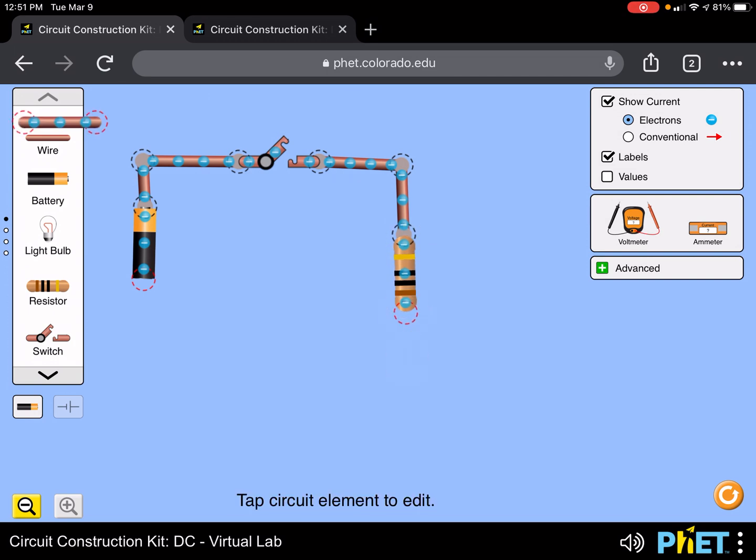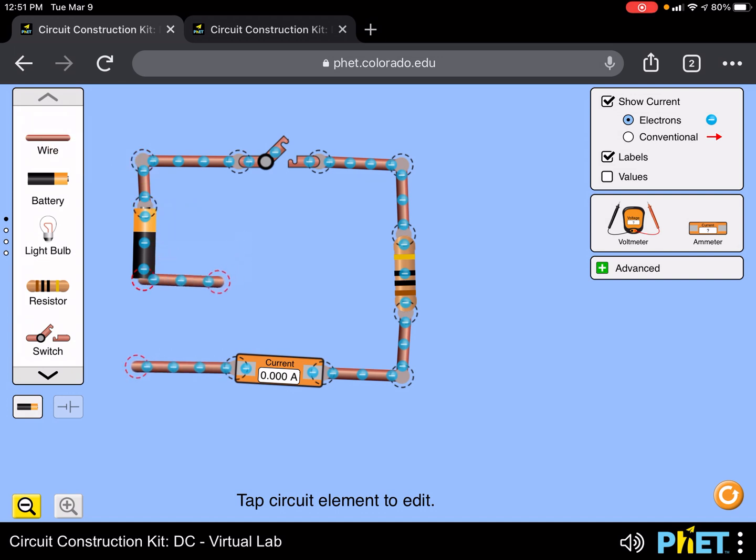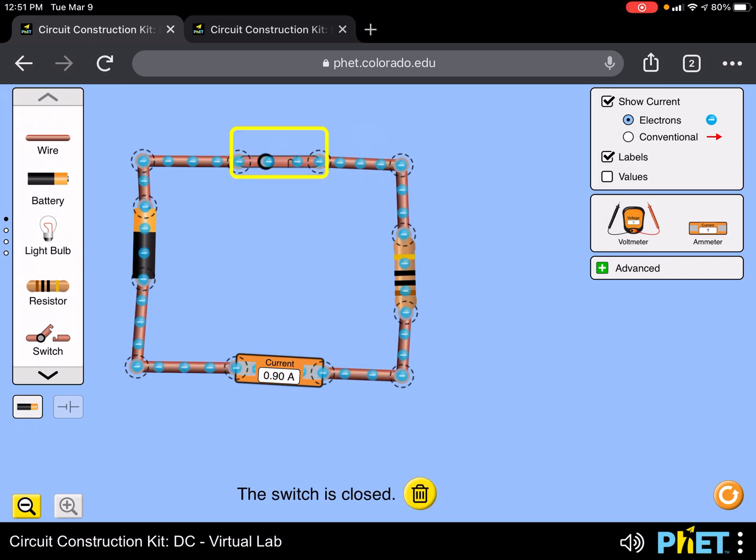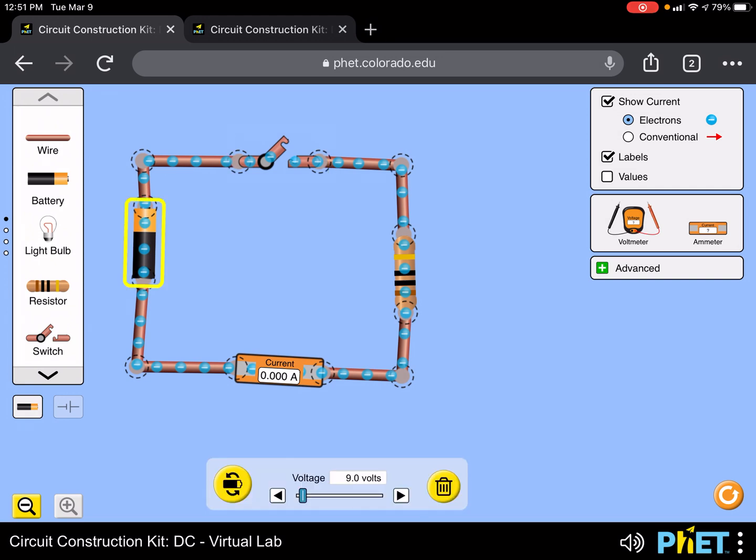I'll leave it at that. In series with this circuit, I'm going to attach an ammeter so I can measure the amount of electrical current passing through this circuit. Now, if I close it, you can see how much electric current is passing through, but I want the battery to be variable, so I'm going to adjust the battery to varying amounts.